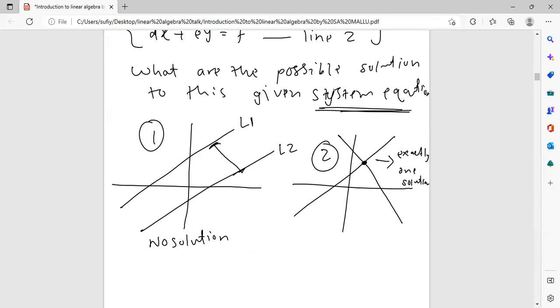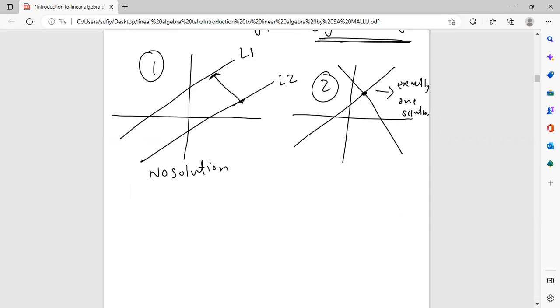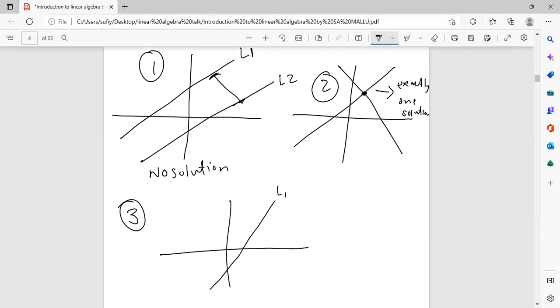Number 2 is where two lines intersect. And now remember, you have only two straight lines, and hence there will only be one point of intersection. So therefore, it will have exactly one solution. But there is one more possibility that I'm sure you never thought about. Let's just pretend that we have line 1 like this, and then we have line 2.